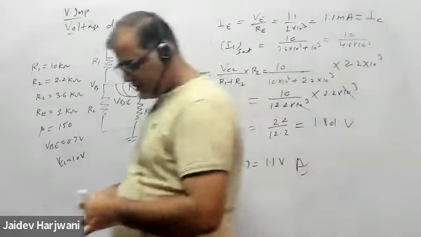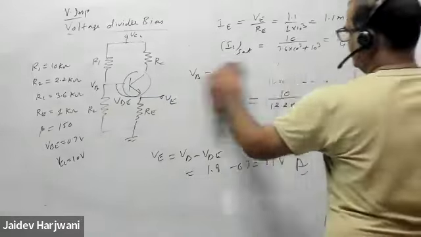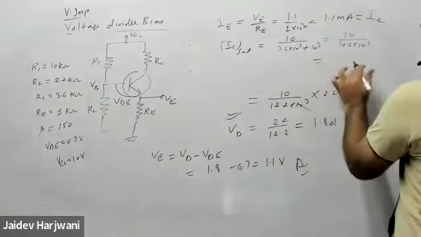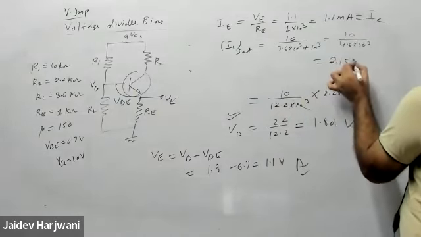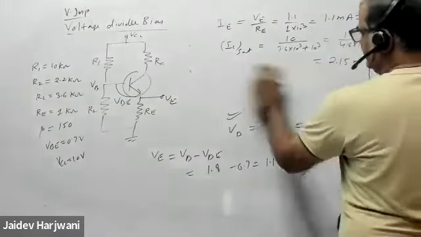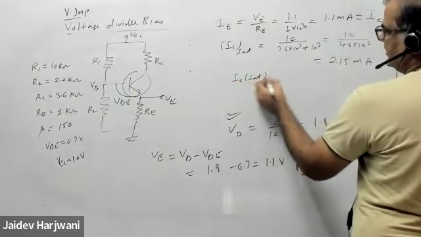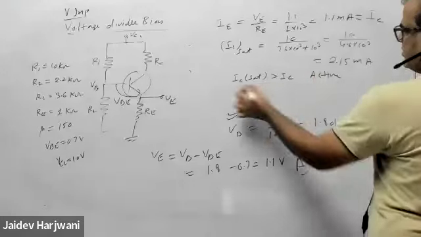IC saturation? 2.17 milliamp. How much? 2.15 milliampere. So you can say that this IC saturation is greater than IC. The operation region is active.